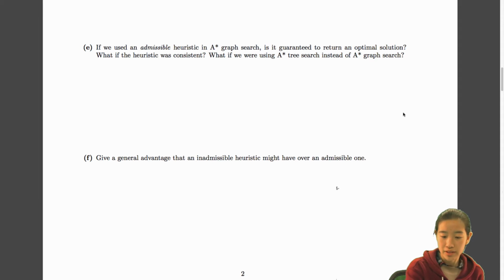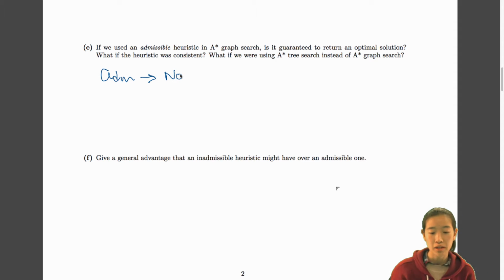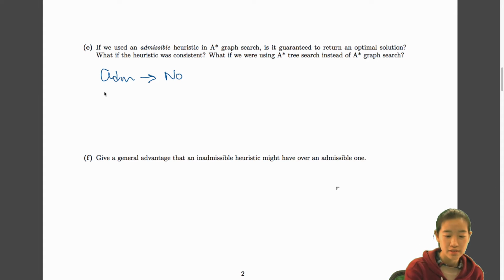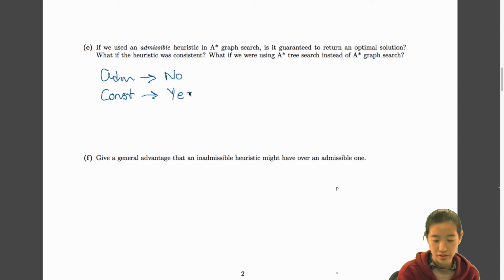So for part 1, admissible, this is no, because we're saying it's graph search, not tree search. So this implies that we need a stronger constraint on the heuristic, which is what we call consistent. So if it is consistent, then it will guarantee optimality on graph search.